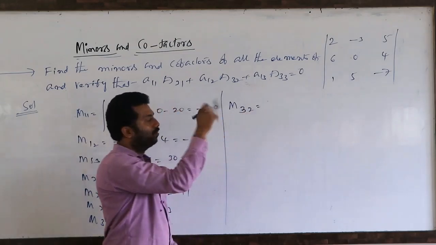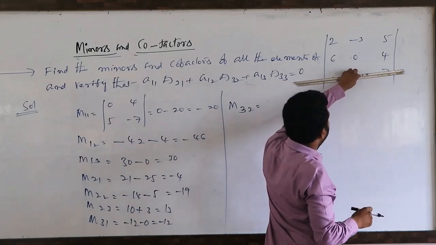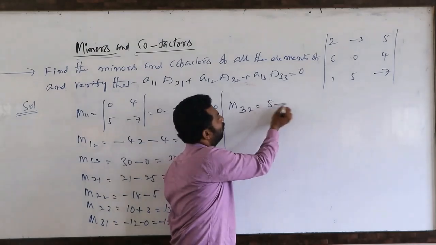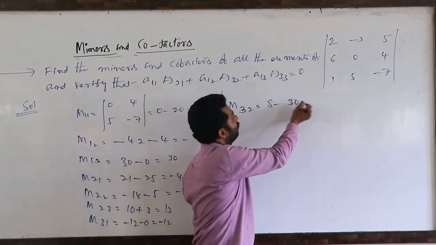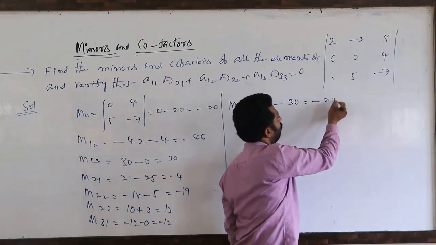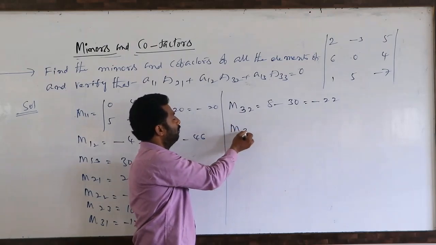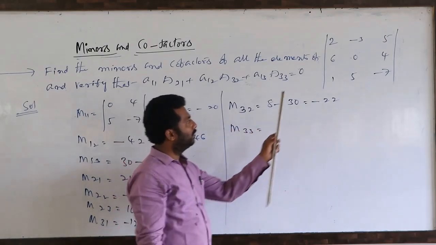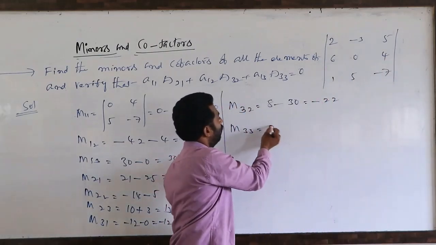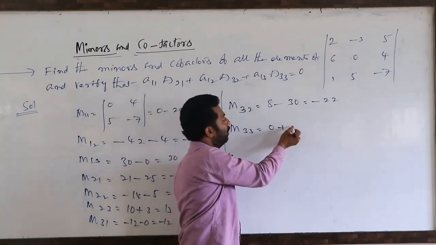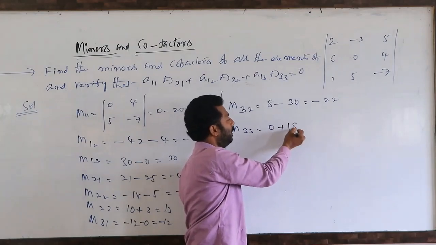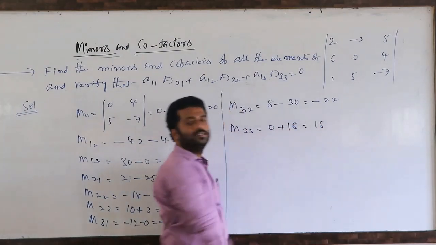Third row, second column. 2 into 4, 8, minus 6 into 5, 30, so 8 minus 30, minus 22. M33. Third row, third column we have to delete. 0 minus 6 into minus 3, minus 18, already minus is there, so this is plus 18. So nothing but the answer is 18.